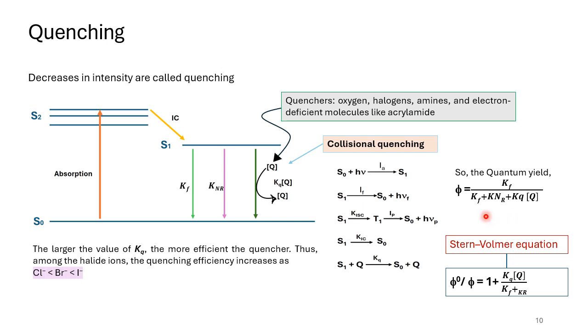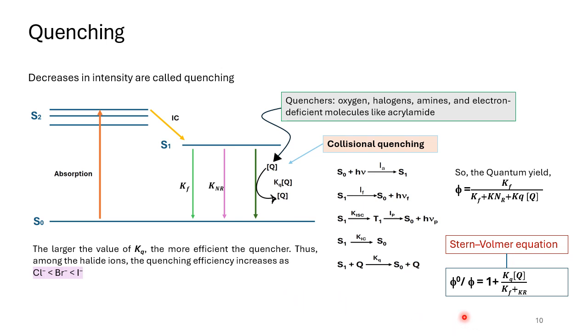And if we compare the quantum yield when there was no quenching with the quantum yield where quenching is happening, and we take the ratio of these two quantum yields, we will get an equation like this, which is known as the Stern-Volmer equation.